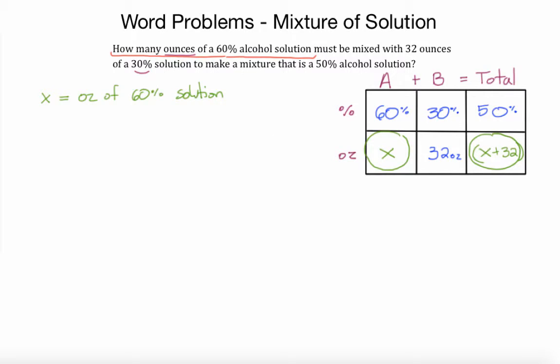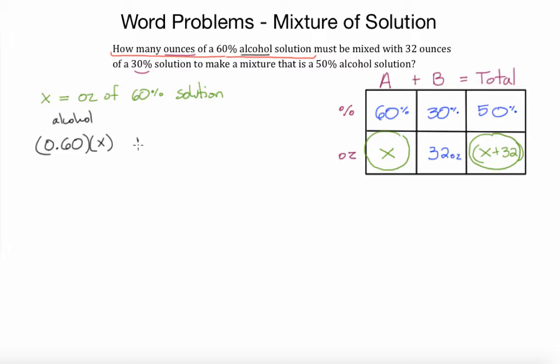All right, let's put this thing together then. If I'm just finding how much alcohol is in each part, 60% of my x ounces of A, so 0.60 of that amount is alcohol. So 60% of solution x.